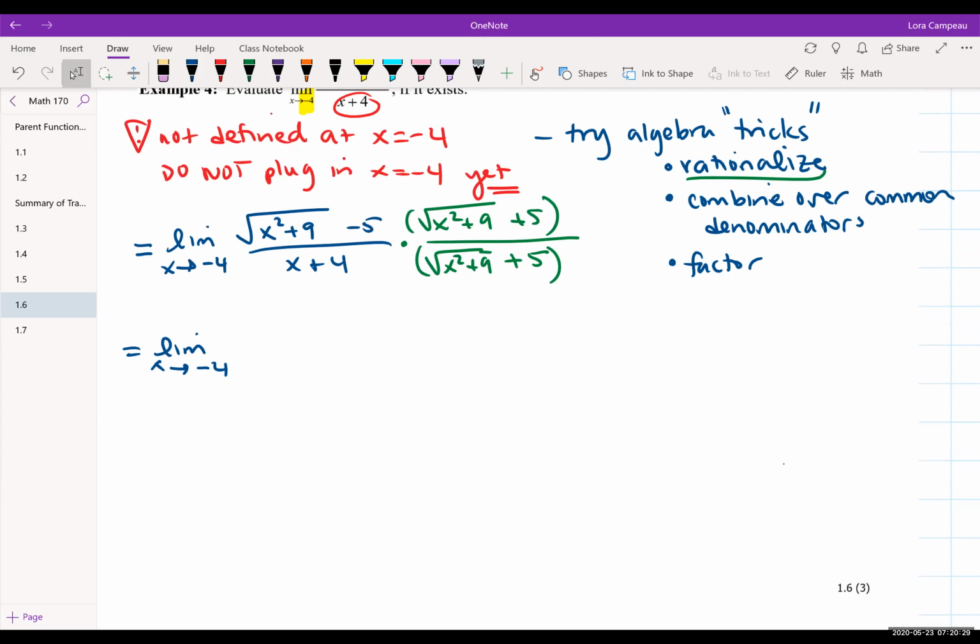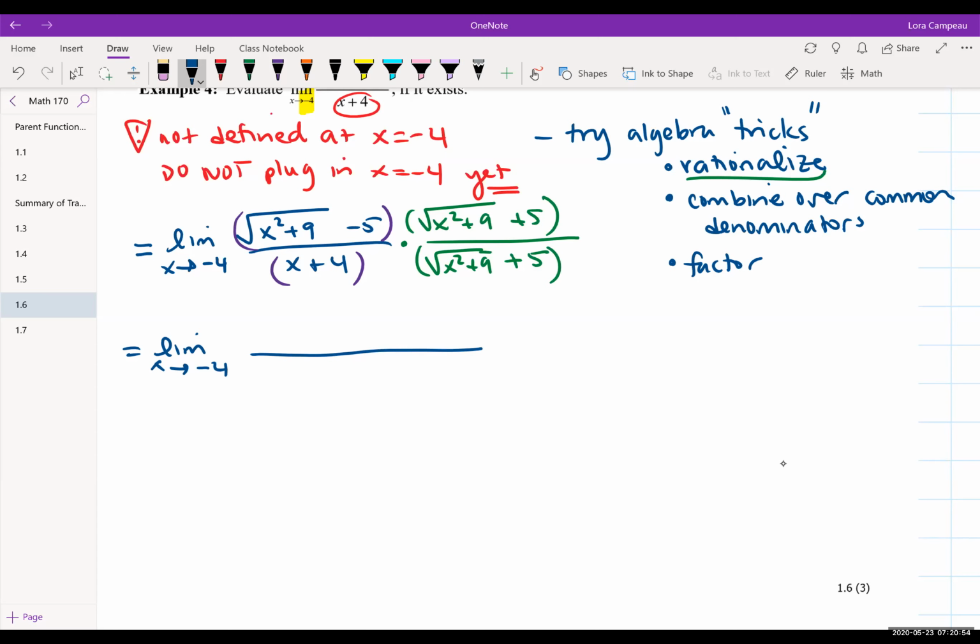So now we're going to run into a case where we're going to have to use some distribution or FOIL to help us out with the simplification of this argument. I like to enclose the numerator and denominator in parentheses to help me remember that I'm actually multiplying binomial-like expressions.